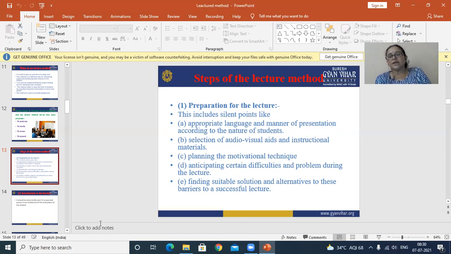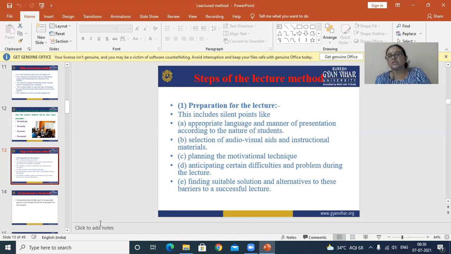Anticipating criteria, difficulties, and problems during the lecture. Finding suitable solutions and alternatives to these barriers to a successful lecture.